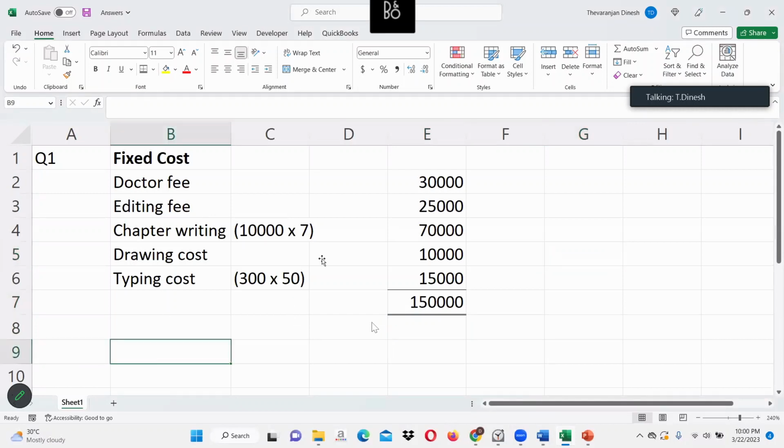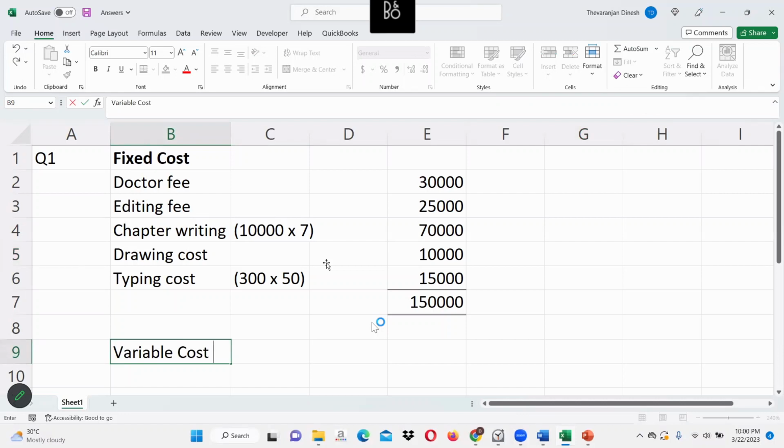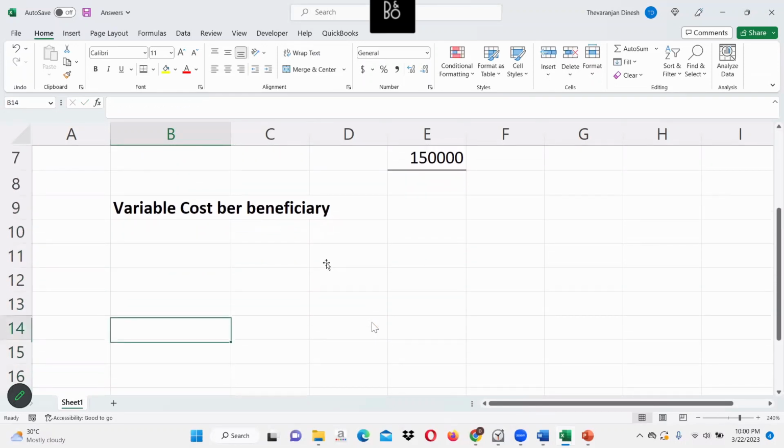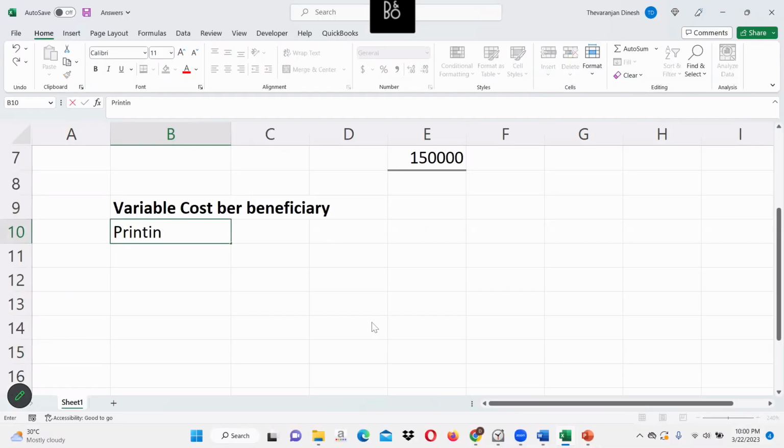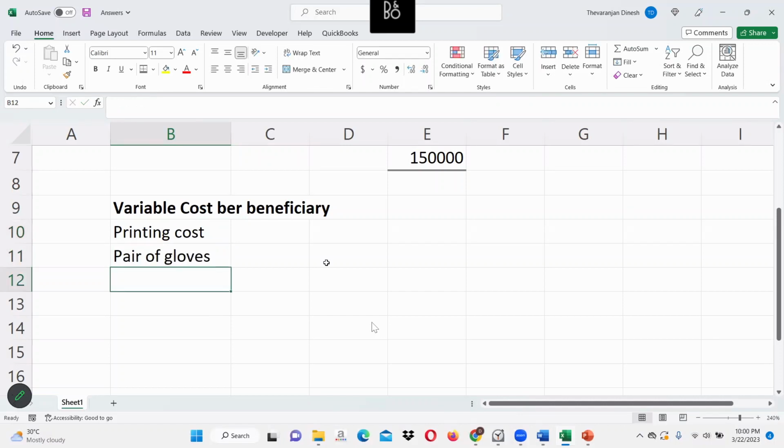So similarly, you have to find out the variable cost per beneficiary. That is the printing cost, pair of gloves and face mask. Those are the variable cost.